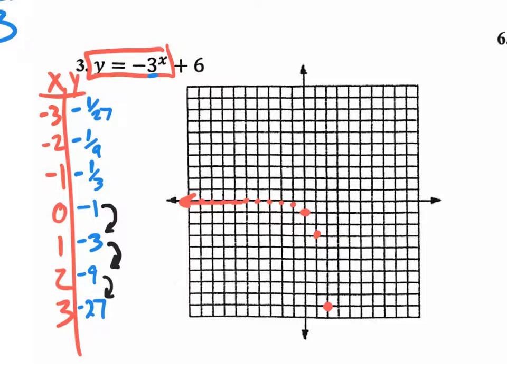So the original parent graph had the asymptote right here. We know that our asymptote is actually y equals 6 because we get it from that k value. So you move it up 6, 1, 2, 3, 4, 5, 6. We know it's going to end up right here, the asymptote. And we need to move up every other coordinate 6 units.